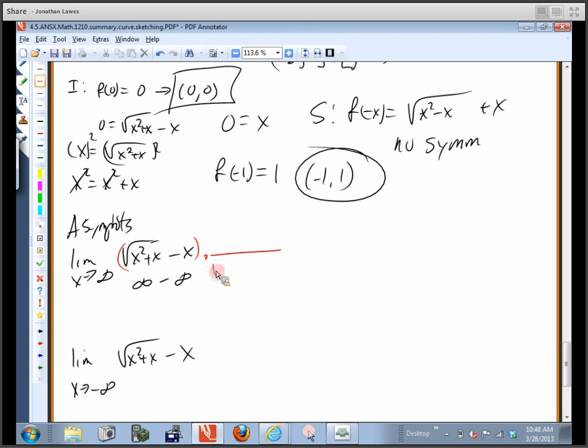So let's do x squared plus x plus x. And so here's what we end up with on the top. You end up with x squared plus x minus x squared, and on the bottom you end up with the square root of x squared plus x plus x.